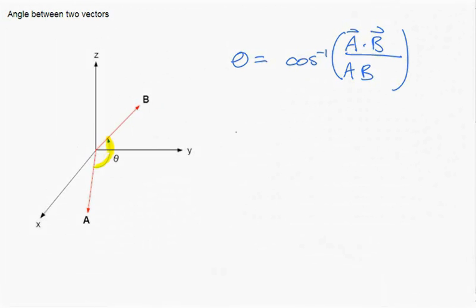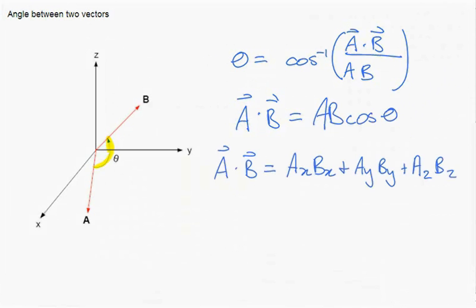This formula can be derived from the original formula of vector A dotted with vector B equaling AB cos theta. Rearranging for theta, we get the original form that is just above.